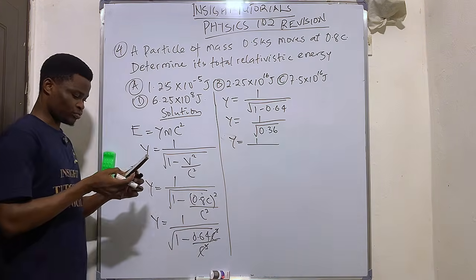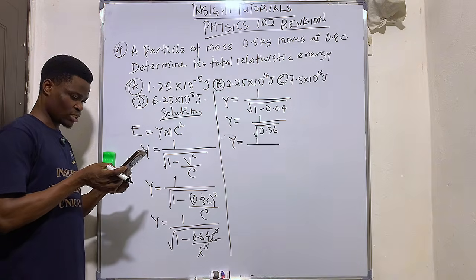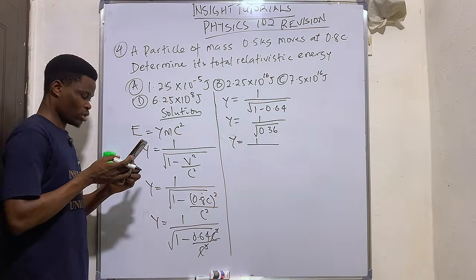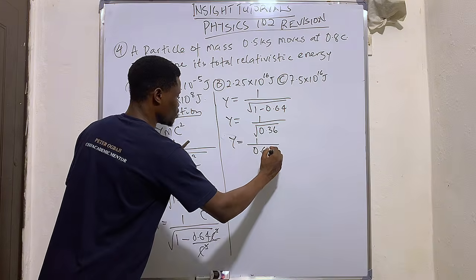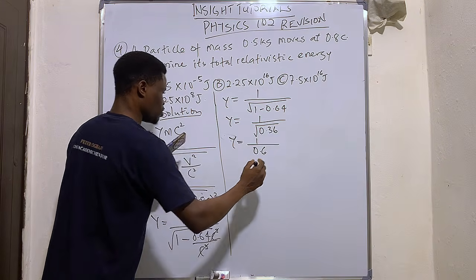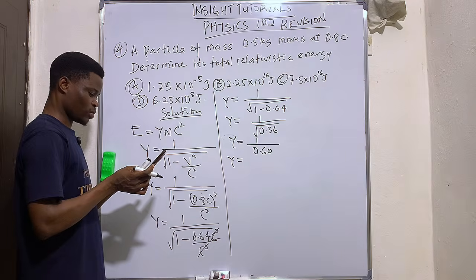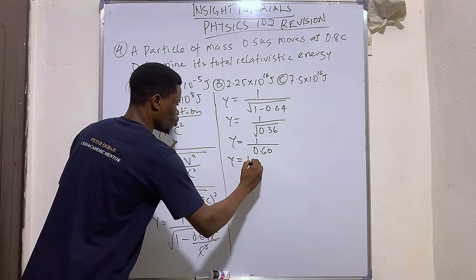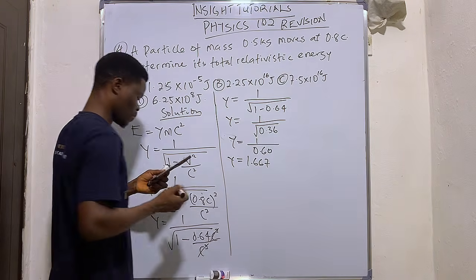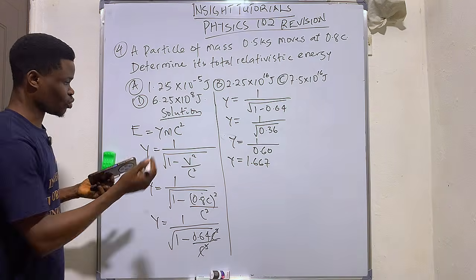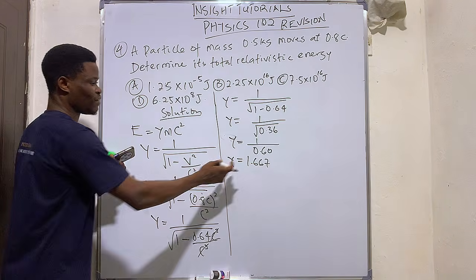The square root of 0.36 is 0.60. And so 1 divided by 0.60 is 1.667. So it happens that the Lorentz factor is 1.667. Now we have our Lorentz factor.